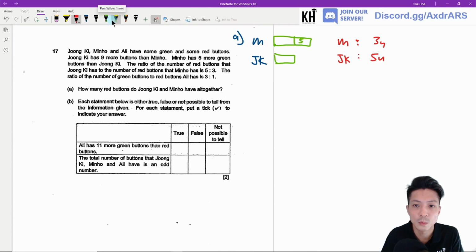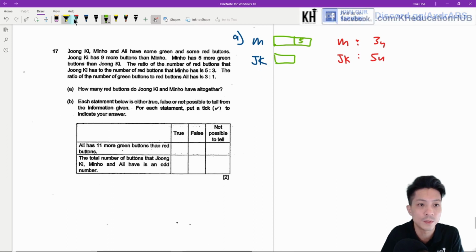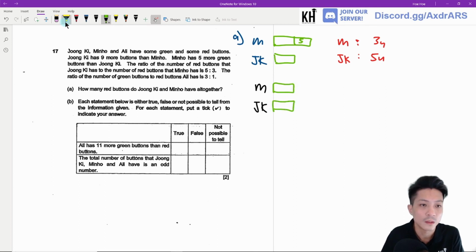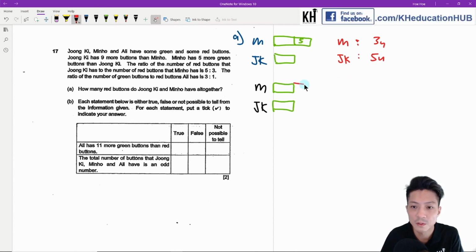Okay, what I'm gonna do is combine these two models. I'm gonna draw the green block here first, and followed by 3 blocks for the red. I do not know how big or small the 3 blocks are, so I'll try not to make them the same.